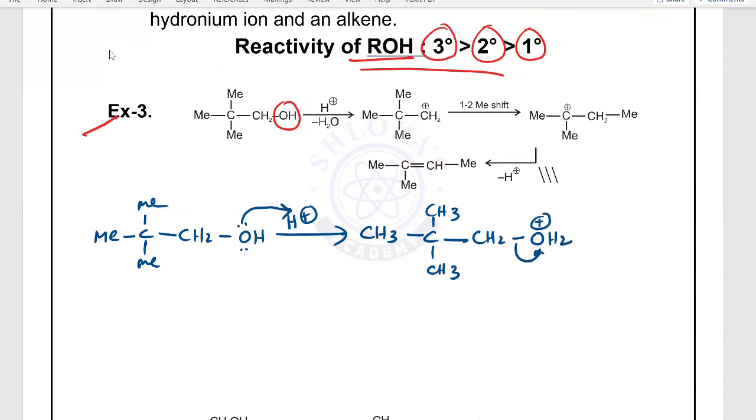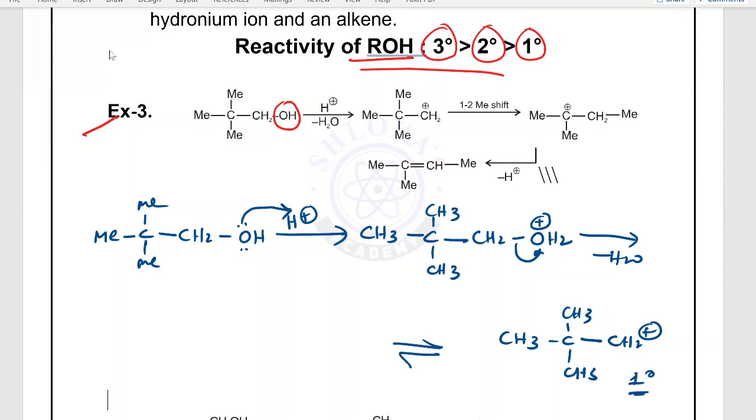By taking electrons, it can leave as water. Then what do we get? A carbocation is formed: CH3, CH3, CH3, and CH2 plus. What is this? A primary carbocation or not?